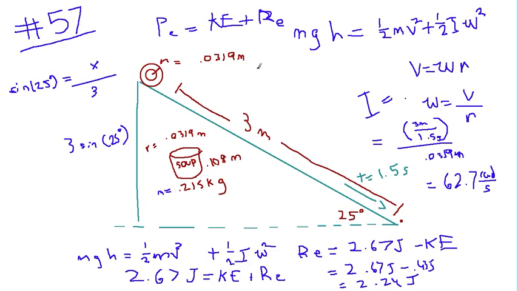So we know that 1/2 I omega squared is equal to 2.24 joules. Then we can solve for I: I is equal to 2 times 2.24 joules over omega squared.